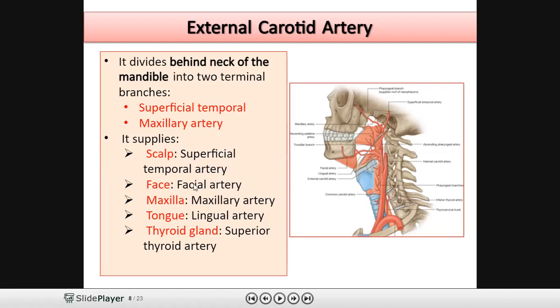Then we have the facial artery. The facial artery supplies the face. In this diagram, you would see this branch coming here. This is the facial artery, because it is going to supply the face. So most part of the face will be supplied by this facial artery.